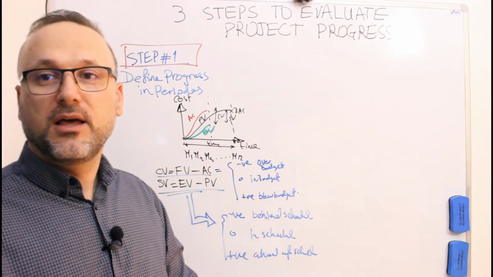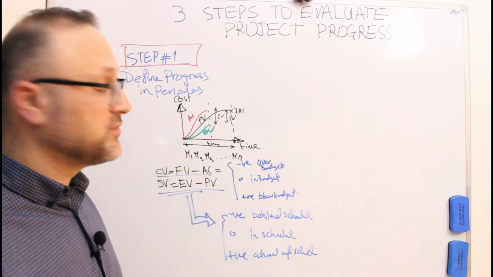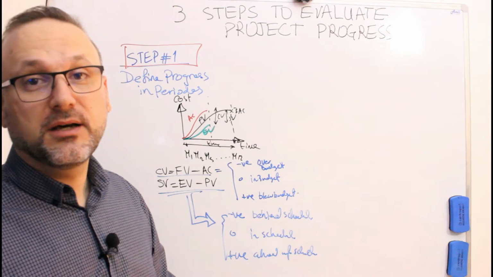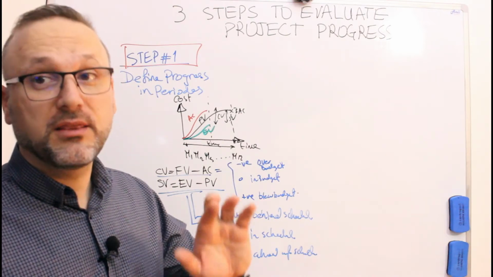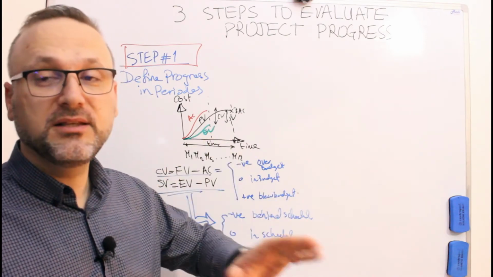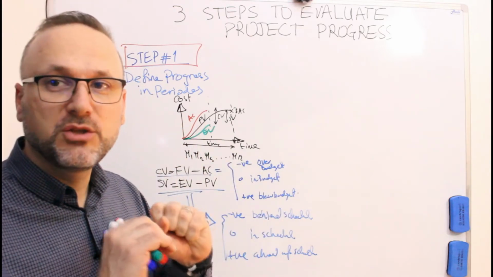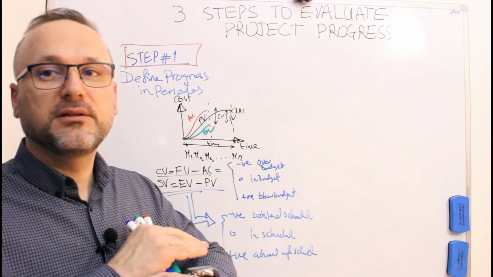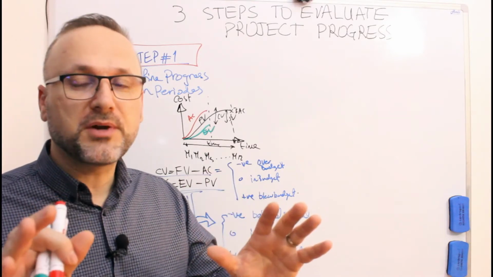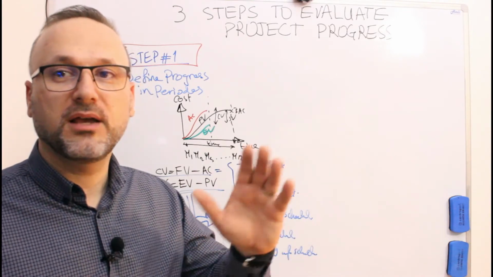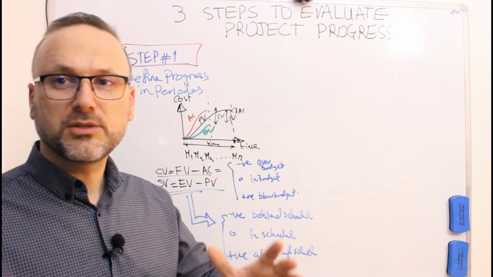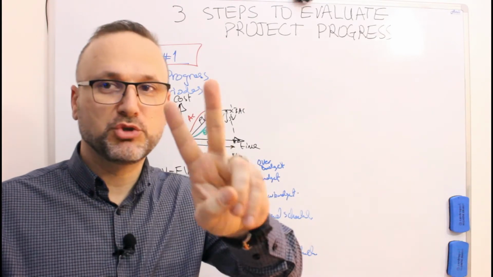Those are the main parts for measuring the project progress. Definitely there are many more details, but this is the simple way where you can just drop it in an Excel sheet and clearly it will open your eyes to the project, where you are and what to do. Let's go now to step number 2.